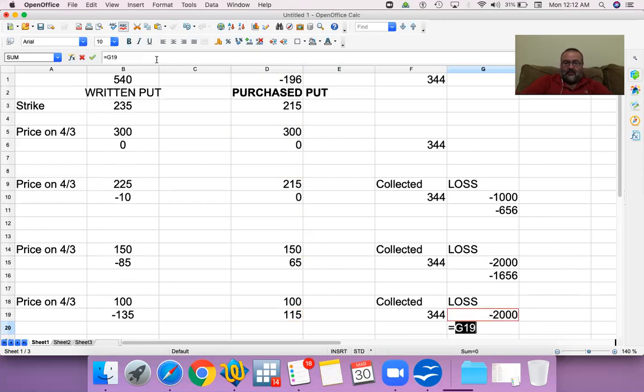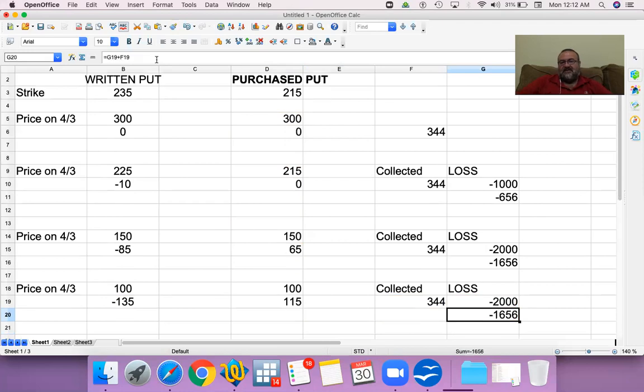So overall, the loss is $1,656. Notice, however low it goes, our written put is losing more and more. However, our purchased put is acting like an insurance. Anything below that 215, and as it continues to go down, we would not lose more than 1,656.